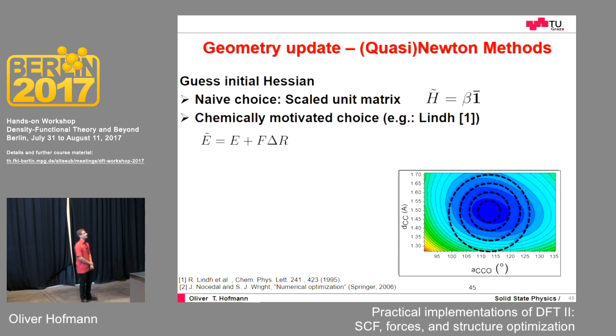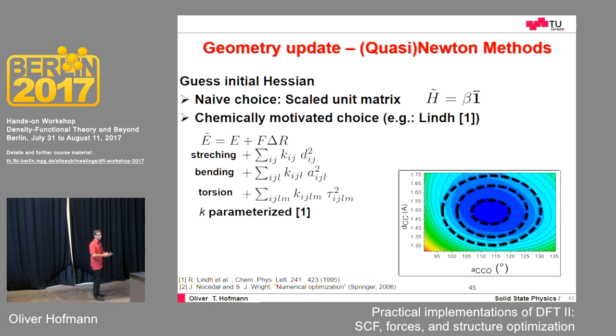We can do better than that by using what's called a Lindh matrix, for example. That's a chemically motivated choice of coordinates where the potential energy surface has some parameters for the stretching of bonds, for the bending of angles, and also for the torsion of dihedral angles, with pre-optimized parameters.